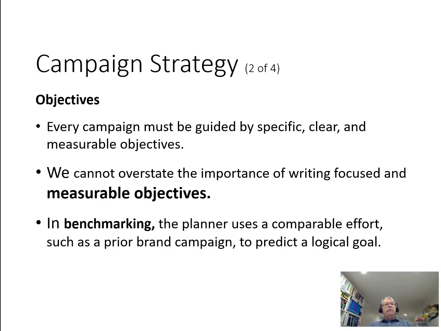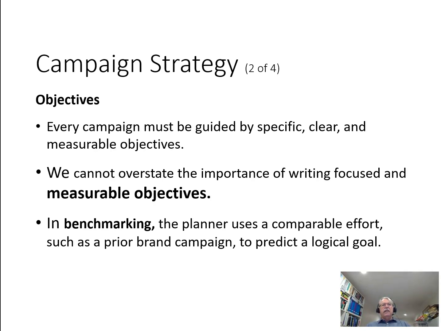The objectives of campaign strategy have to be specific, clear and measurable. And also in the information pack provided to you under Interact 2, you'll see I provided you with the original article by George Doran, who wrote the original two or three page article on how to specify measurable objectives.